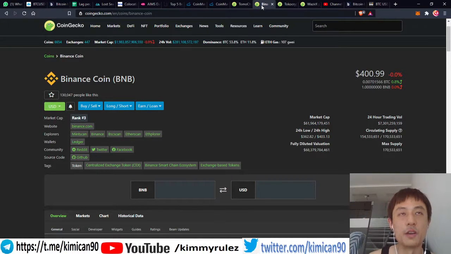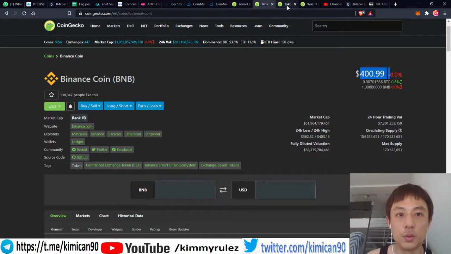A lot of people are trying to find alternatives, because $400 for a token is very expensive. No doubt, they are very strong in the Binance Smart Chain, DeFi, PancakeSwap and things like that. But a lot of people looking to amplify their gains will look for smaller projects riding on these centralized exchange tokens.